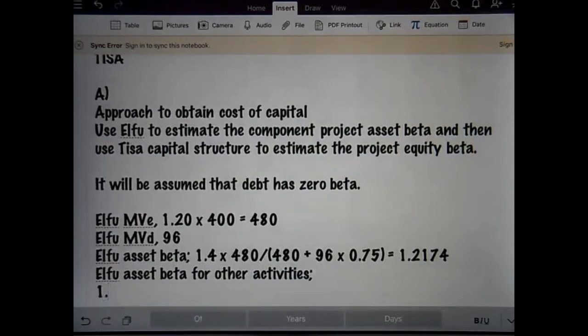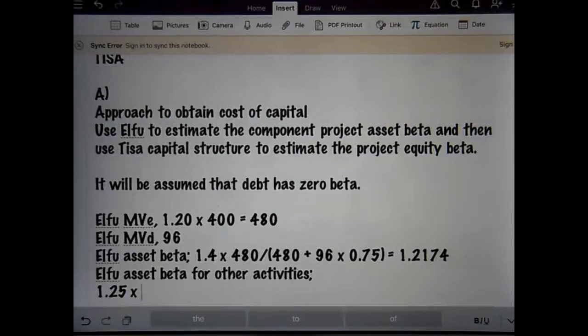This is going to be 1 point. Other activities was given as what? 1.25 times, well, how many percent? This is where you need to be careful a bit. It's 75% of ALFU's equity finance that is attributable to other activities.